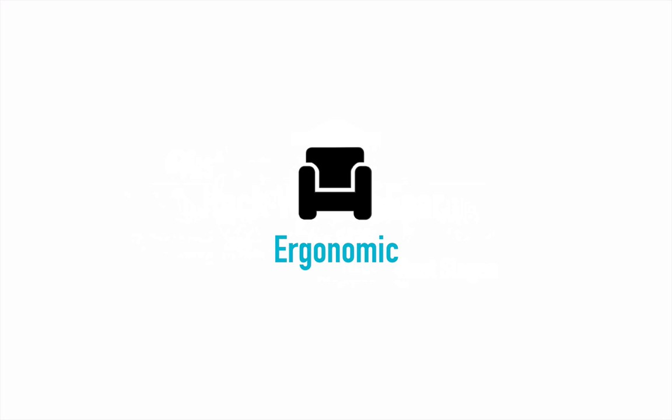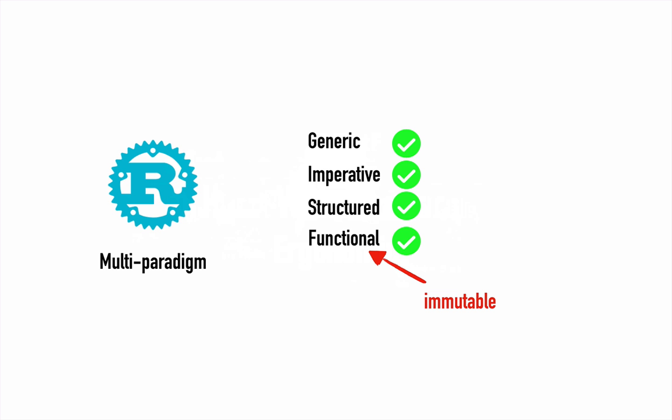A lot of people love Ruby because it optimizes for programmers' happiness. Rust also wants the developer to be happier and tries its best to be ergonomic. Rust supports multiple programming paradigms like generic, imperative, structured.